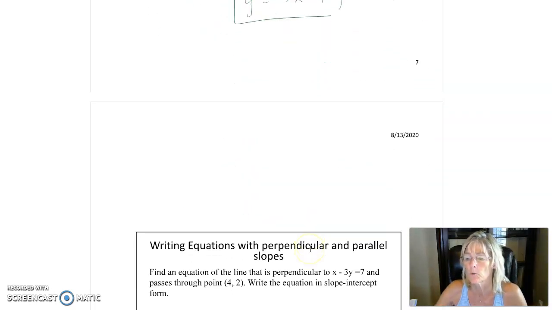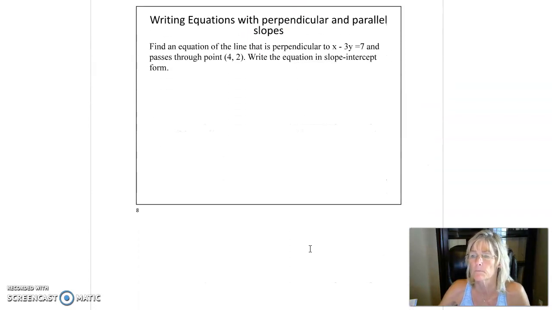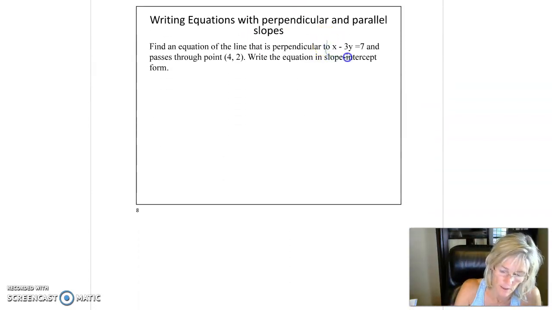Okay, let's look at one where we have to make it perpendicular. So we've got this line on the graph, and we want to find the line that crosses that line perpendicular, but it goes through point 4, 2. So first we have to find the slope of the original equation. x minus 3y equals 7.